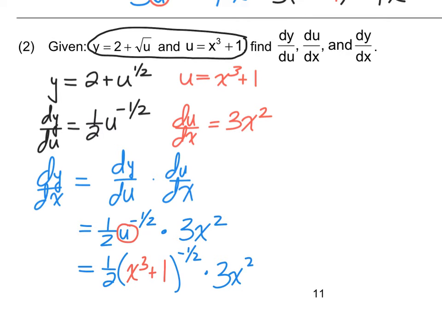I'm going to take these two functions, put them together, and write it as a composite function. Instead of the radical, again, I'm going to use the power of 1/2. The 2 is irrelevant when I take the derivative.